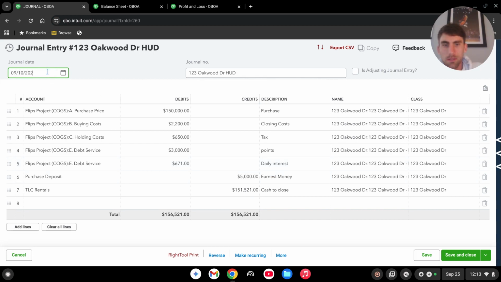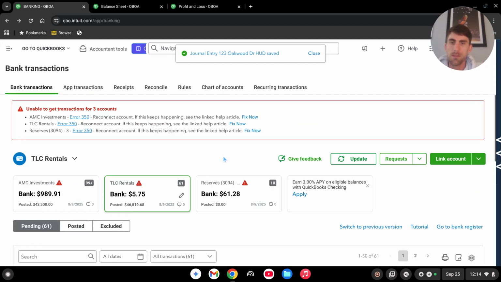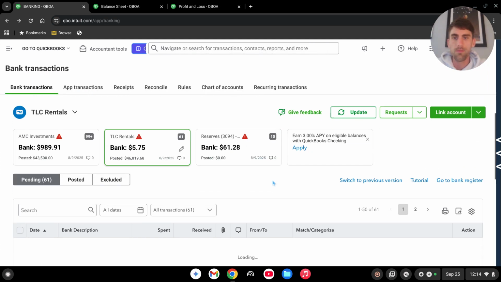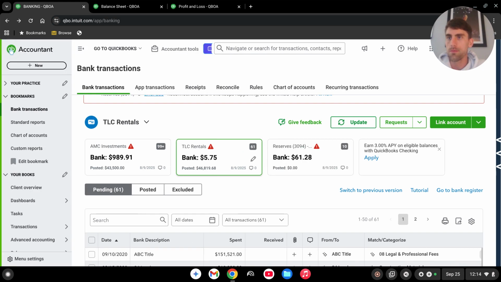I'm going to change this to the year of 2020, and we'll save this. So now we'll be able to see in our project portal what it's going to look like.